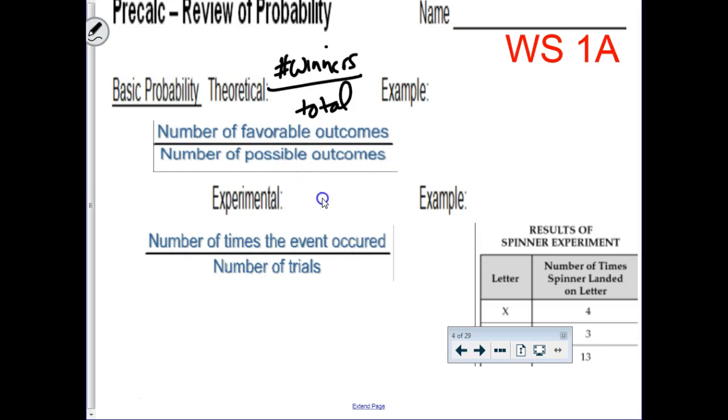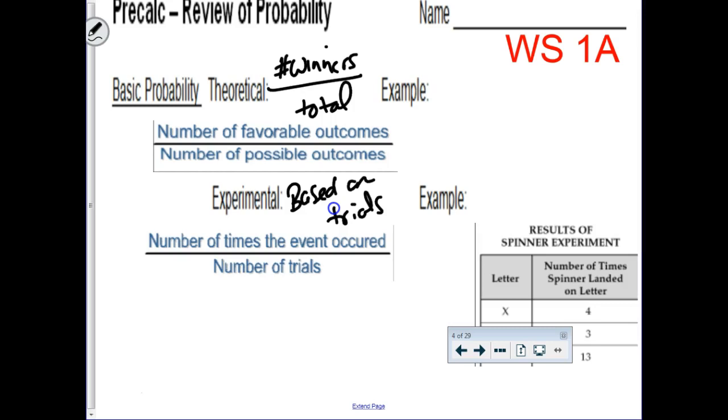So theoretical versus experimental. Experimental would be based on trials. So we could still do the you roll a die question, but maybe we actually conduct trials and like you roll a die 17 times. How many times did it land on each number? We do this a lot with the coin toss problem. And then they try to point out to you whether the results match what you thought would happen.